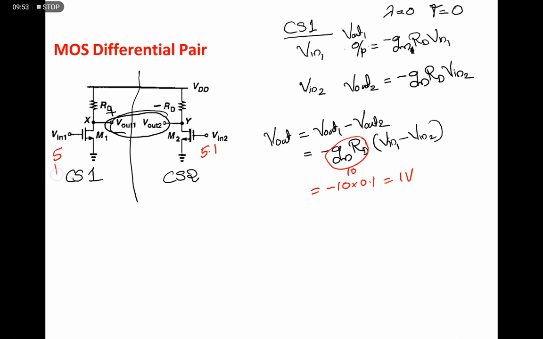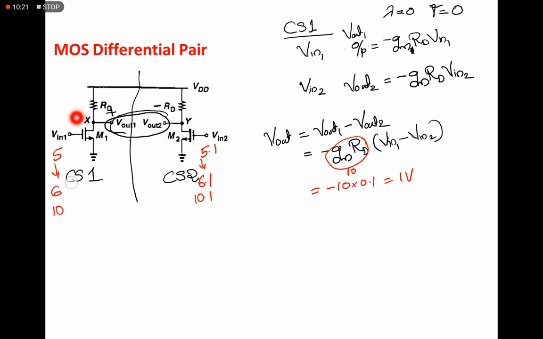And even if it is 6 and 6.1, or 10 and 10.1, I am expecting the same output in general. So if it is a differential amplifier, it needs to give a differential output of 1 volt for any differential input of 0.1.